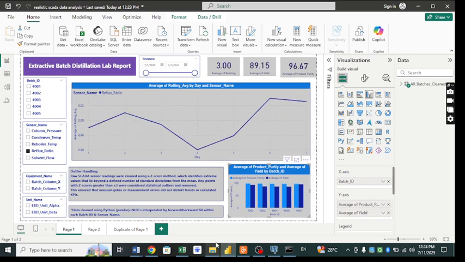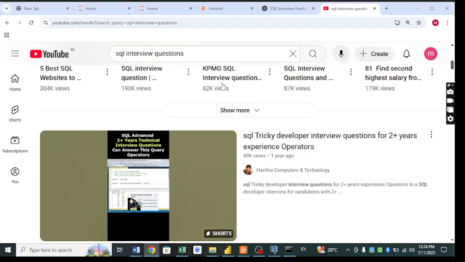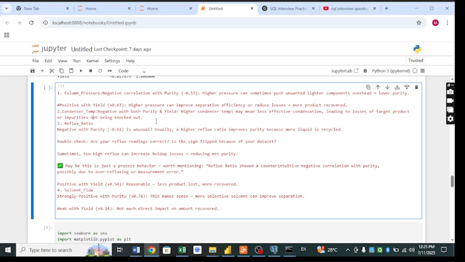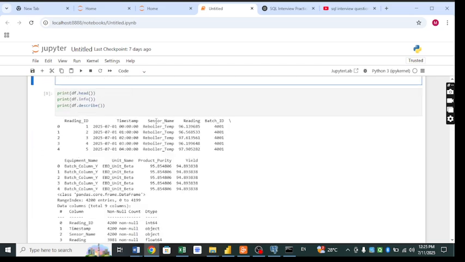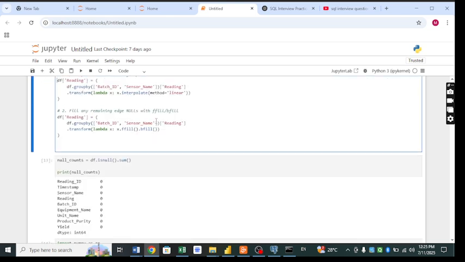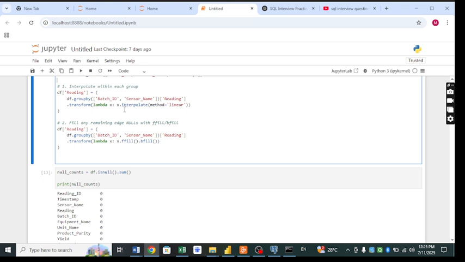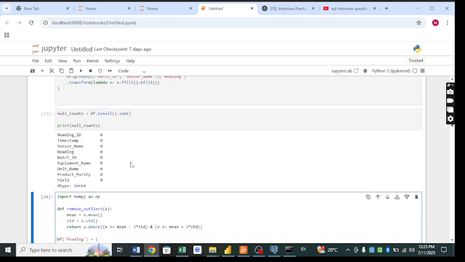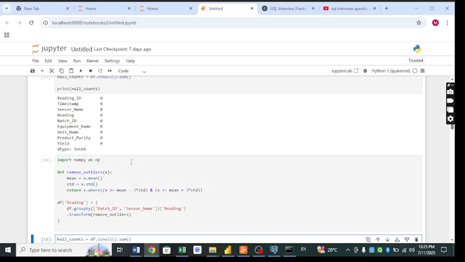So I cleaned the data using NumPy and Pandas, using linear interpolation and forward fill and backward fill for missing values. Then I detected and handled outliers using z-score.